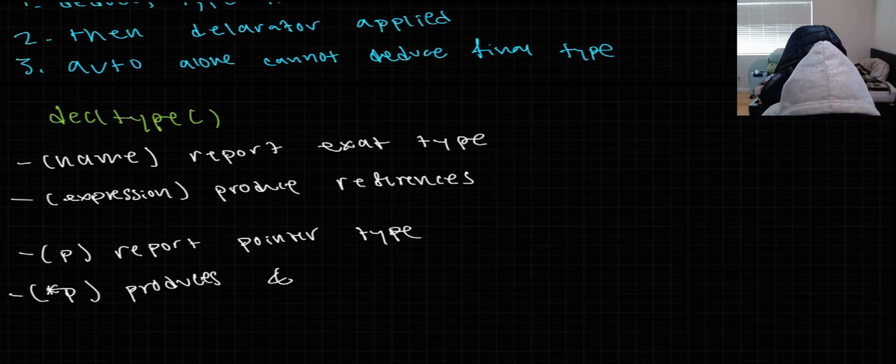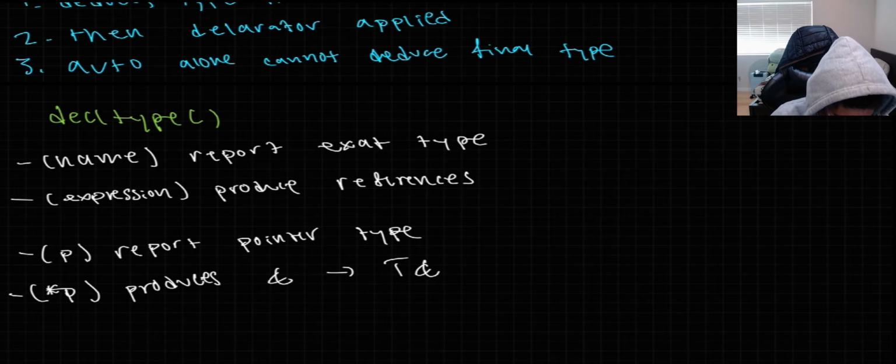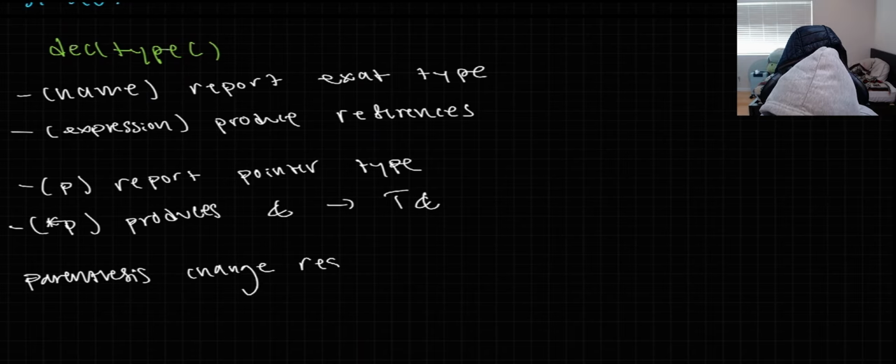Whatever type the dereferenced pointer is, it produces a reference to that type. So it's a good thing to note that parentheses can make the declared type produce a reference, or assuming that the expression itself is inside parentheses, change the result of decltype.